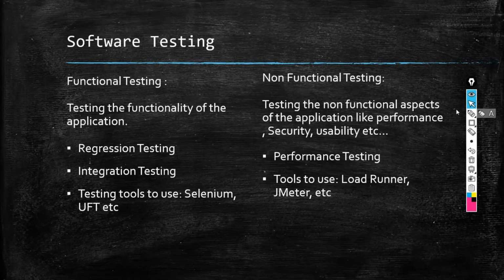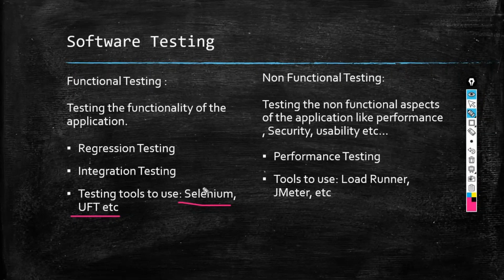When it comes to functional testing automation tools, you have Selenium and UFT, which was earlier called QTP. These are some of the most popular and widely used tools in the market.